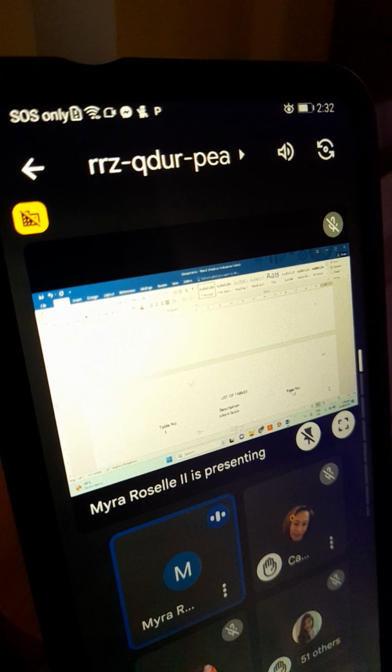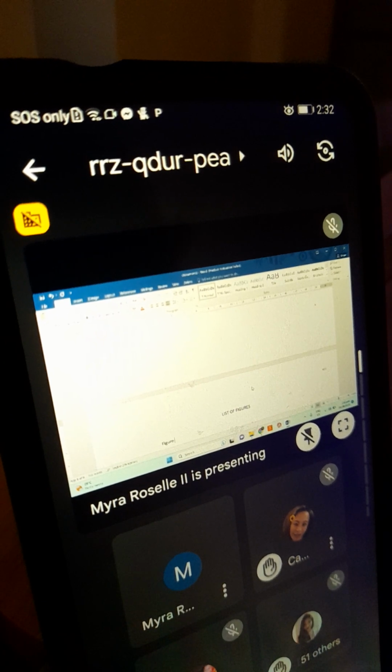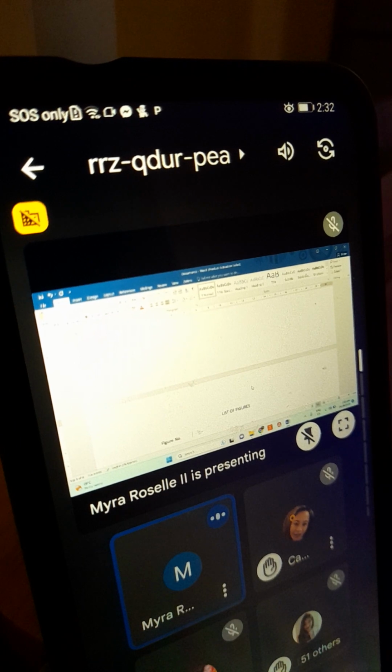Next page. You have here list of figures. Figure number.